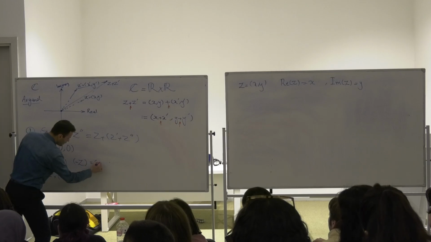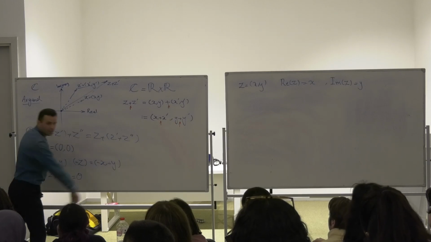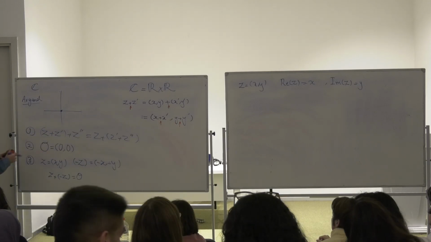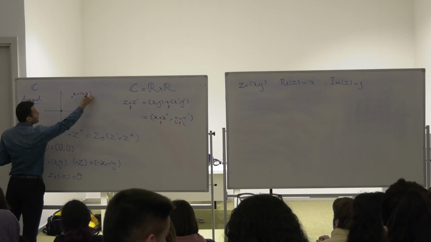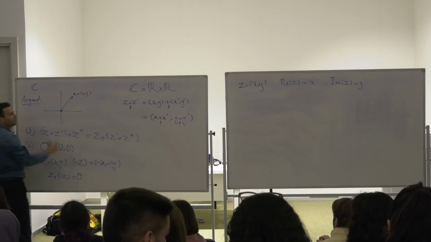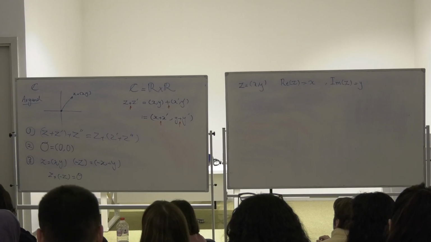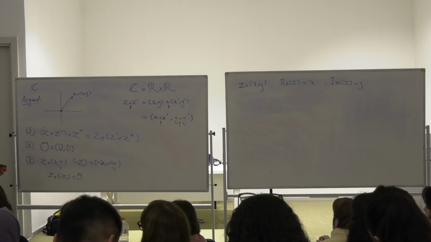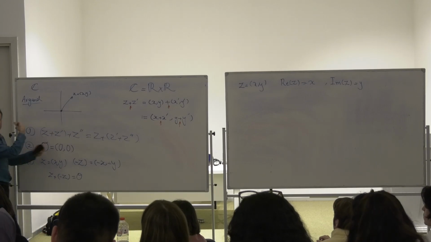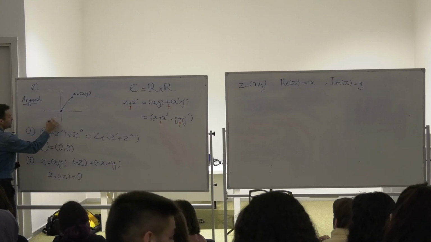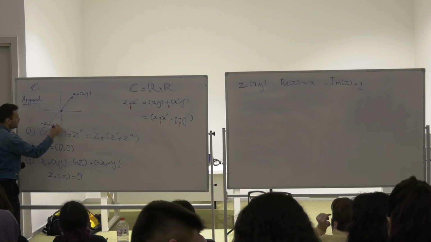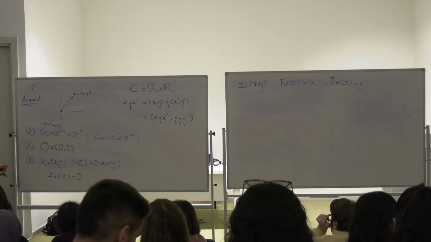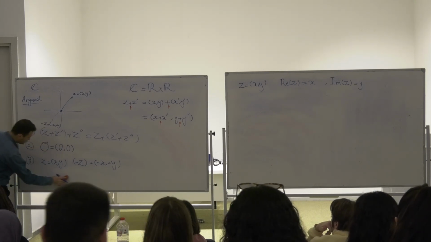So this is going to be (minus x, minus y). If this is our point, z equal to (x, y), what is minus z in the graph? Yes, you need to reflect it with respect to the origin, right? So it is going to be this point: minus z is equal to (minus x, minus y). So we also have an additive inverse.